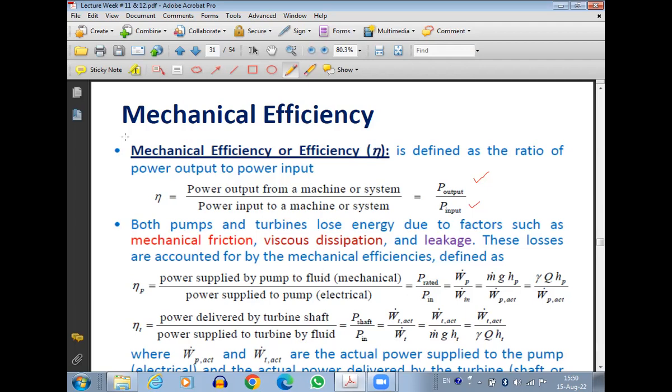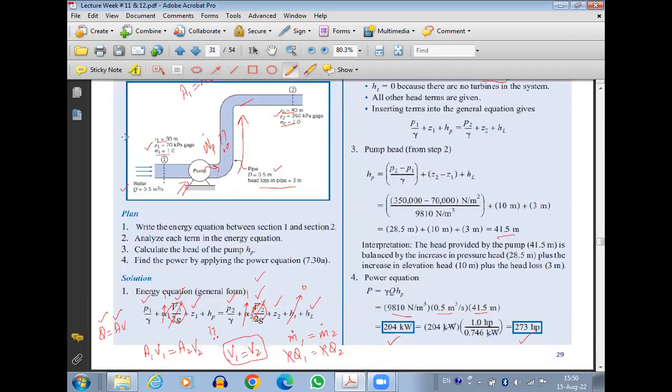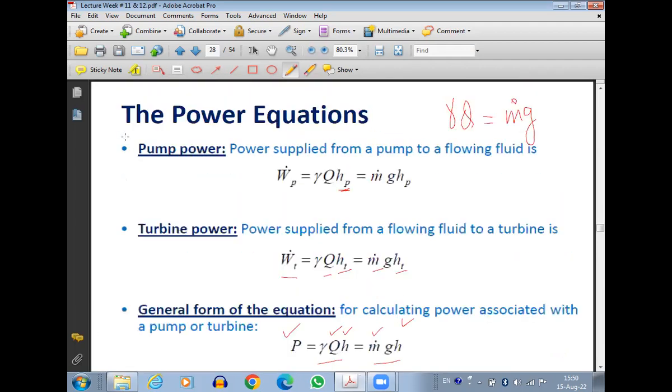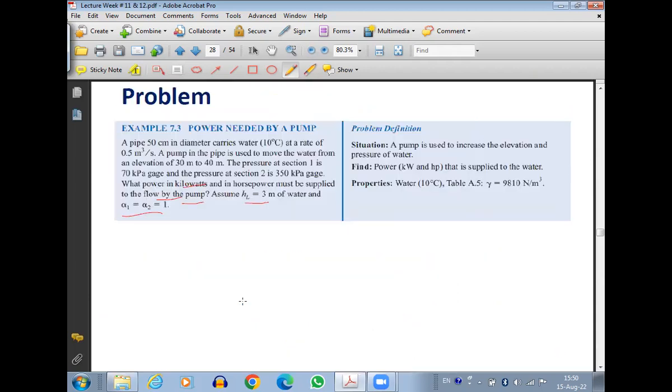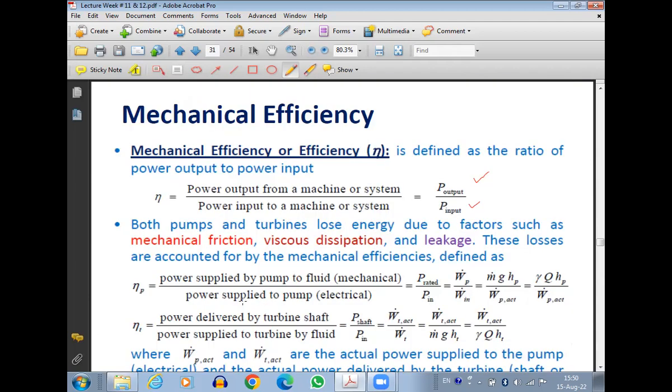So there's a difference. When we have the formula for conversion of pump head or turbine head into power, that's basically the fluid power. When we use these formulas, the power equations for the pump power, this is also the fluid power. The turbine power, this is also the fluid power. Since these are the fluid powers, when we are talking about the mechanical efficiency of the pump, it will be P output over P input, but the P input is electrical.